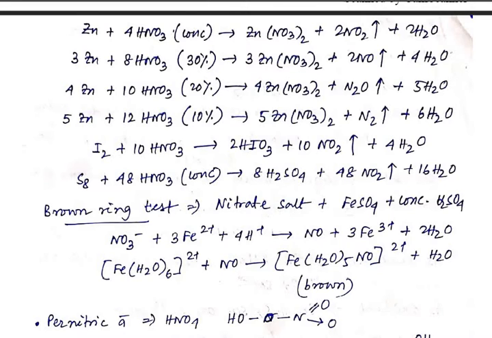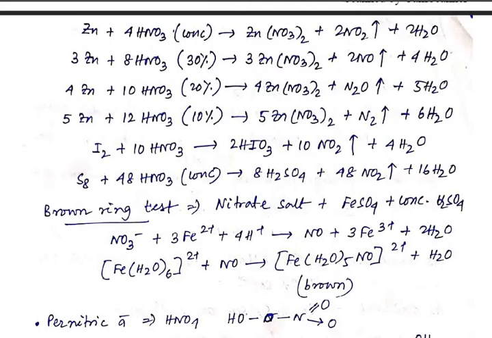After that, the reaction of iodine with the HNO3. Iodine is there. If I add the nitric acid into it, then again we will get the NO2 gas. And if the sulfur is there, suppose the S8 plus 48 HNO3, that is concentrated HNO3, then we will get the H2SO4 plus NO2 plus water.